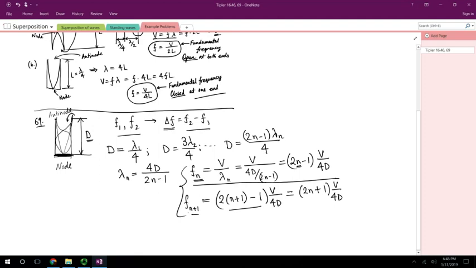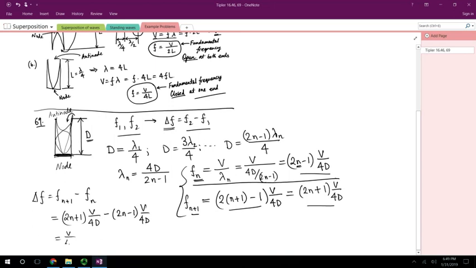But what we're interested in is really the difference between them. So delta f is equal to fn plus 1 minus fn. We are doing this because we don't know the value of n for either of these given frequencies, but we know that they're successive frequencies, which means they come from consecutive harmonics. So we plug in these results: (2n plus 1) times v over 4d minus (2n minus 1) times v over 4d.